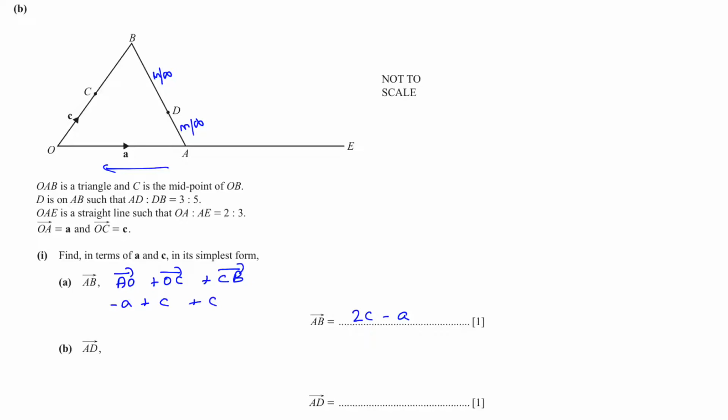AD is 3/8 of AB. Therefore, 3/8 (C minus A). You can simplify it or leave it this way. Both ways are fine. If we simplify it, we'll get 3/8 C minus 3/8 A.